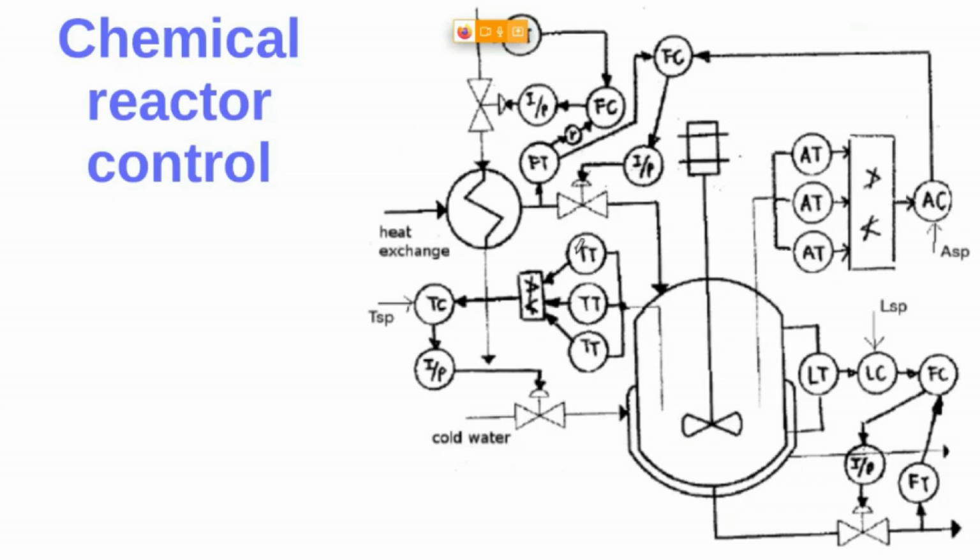As you can see, the output of these 3 transmitters come to a selector. This means that the output of this selector will be not the maximum nor the minimum value of these transmitters. And this is used when you don't trust the temperature measurement. You consider that one transmitter can fail at a time.